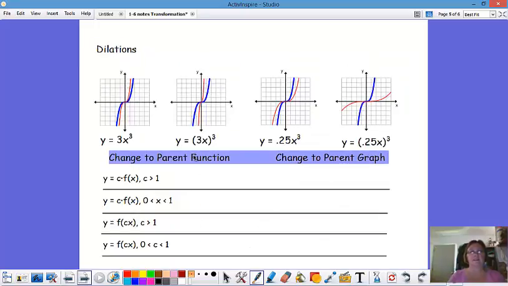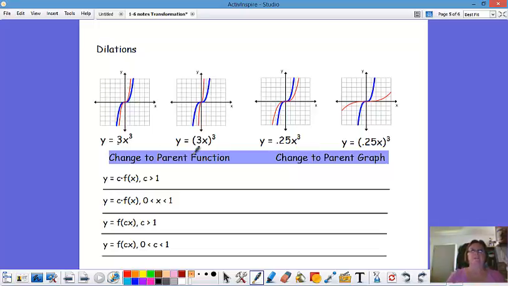Dilations are the next that we'll talk about. And you can see that these dilation rules all involve multiplying by a constant. Translations involved adding and subtracting by a constant. Reflections involved sign change. These guys say if we multiply, we get different reactions. And you can see from the pictures that we get either wider, like this one got wide, or skinnier, like this one drew it right back into itself.